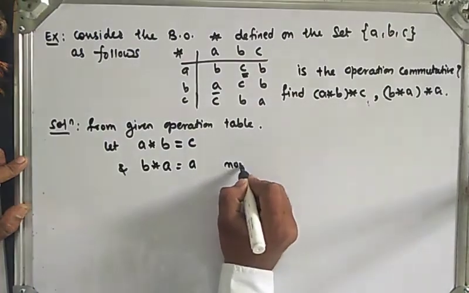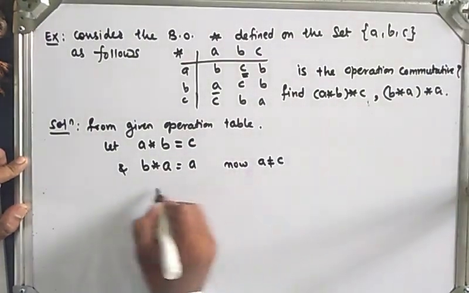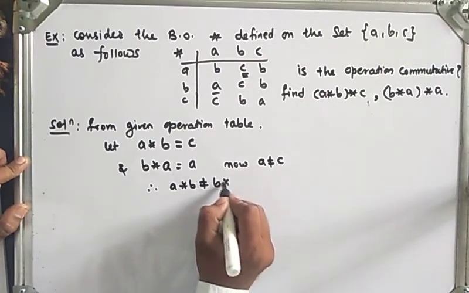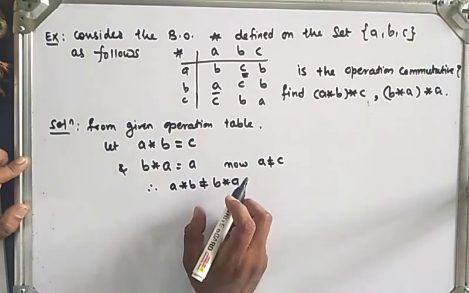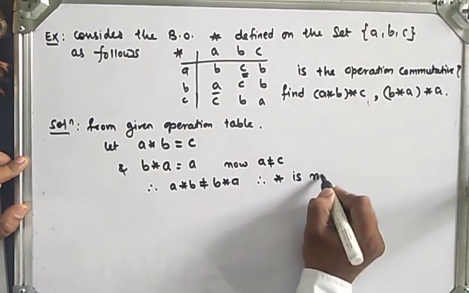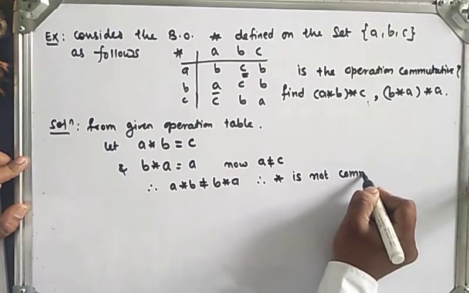Now a is not equal to c means what? a star b is not equal to b star a, means the operation is not commutative, therefore star is not commutative.